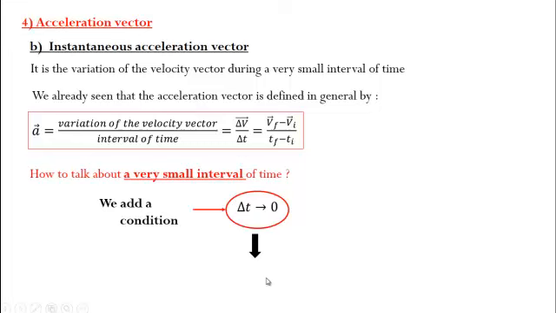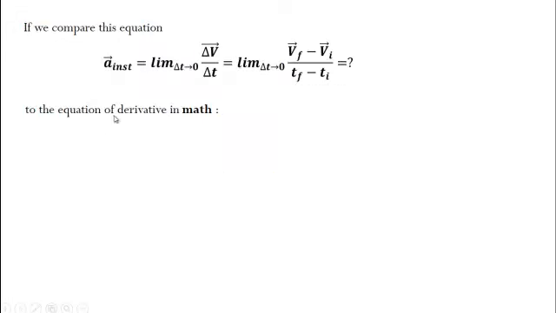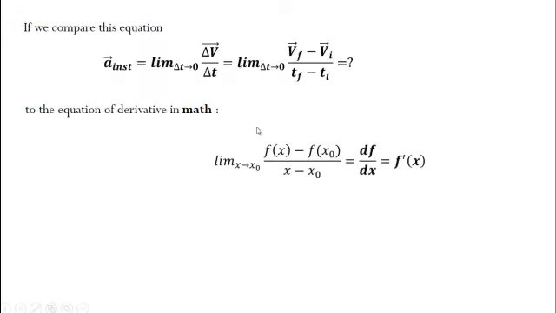Then this means we will have a instantaneous equals the limit when delta t tends to 0 of delta v over delta t. So the definition won't change, we only added a condition. Then if we compare this equation to the equation of the derivative in math, we will notice that we have the same form.